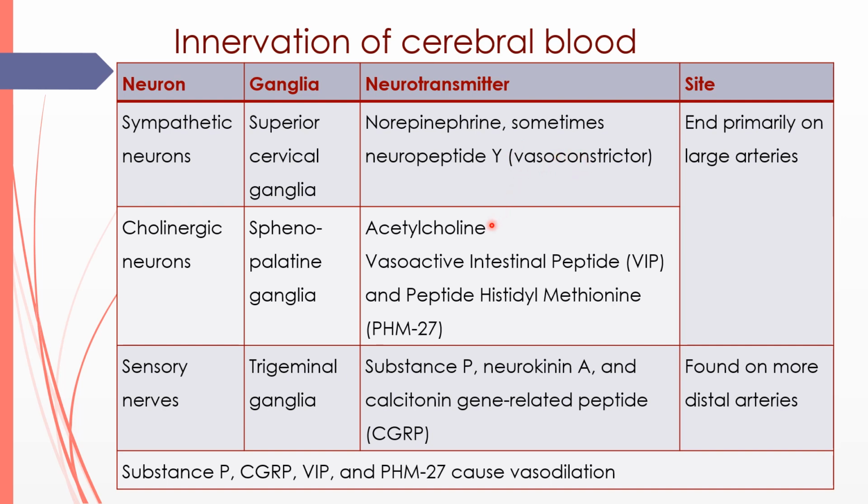From cholinergic neurons we get acetylcholine and also the vasoactive intestinal peptide, and this also causes a vasodilatation. Then from the sensory nerves, we get substance P, neurokinin A, and calcitonin gene related peptide. All these cause a vasodilatation.